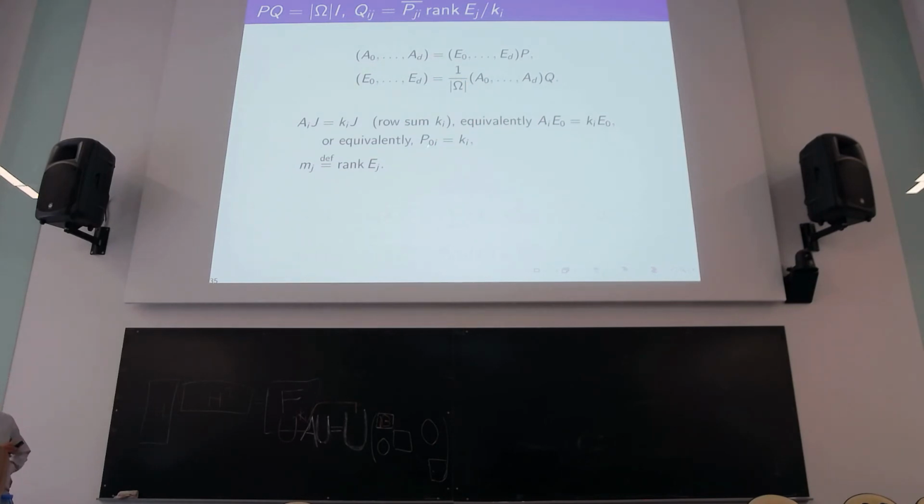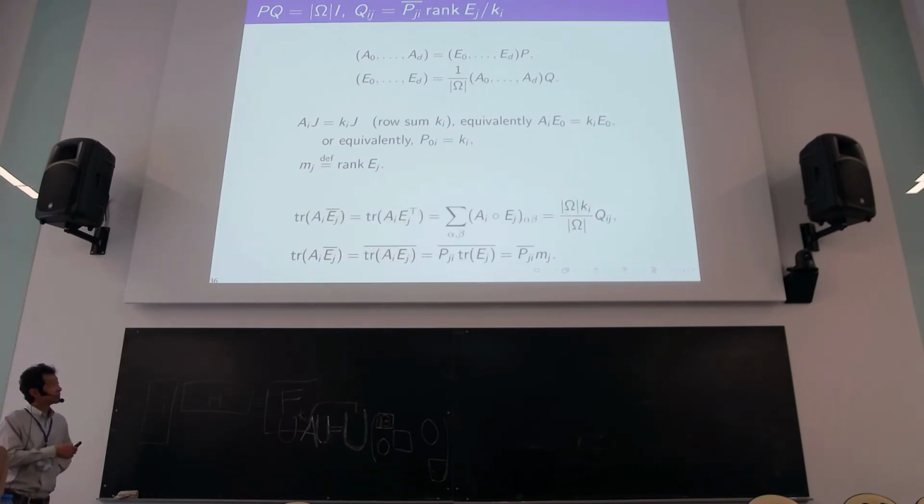So it is the 0i entry of this matrix P. So k_i appears in the 0i entry of matrix P. And I define m_j to be the rank of E_j. Now, to get this identity, I just compute the trace of this matrix in two different ways.